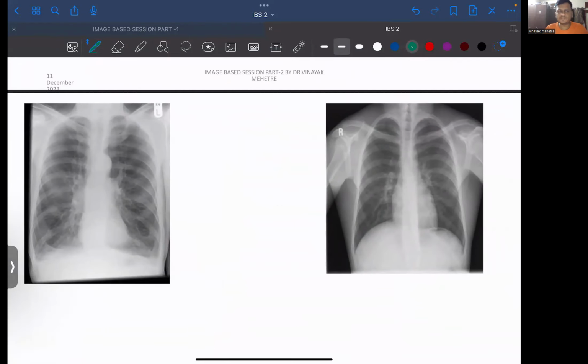Now tell me which one is normal and which one is present in you, the young generation.